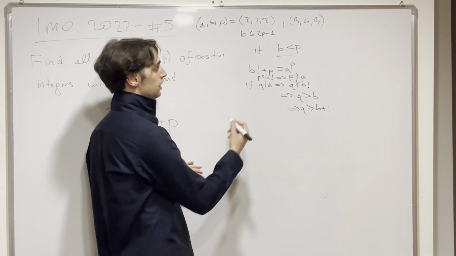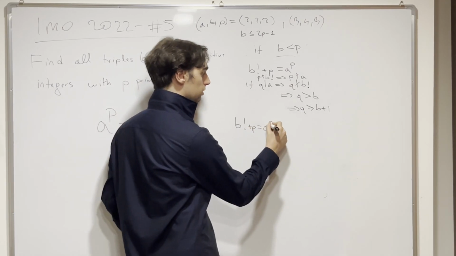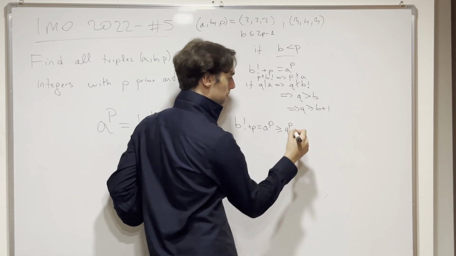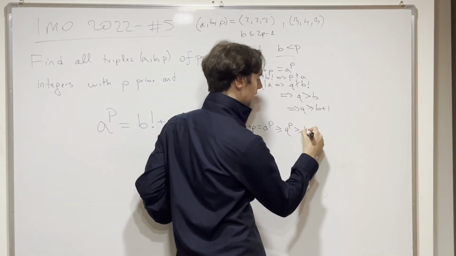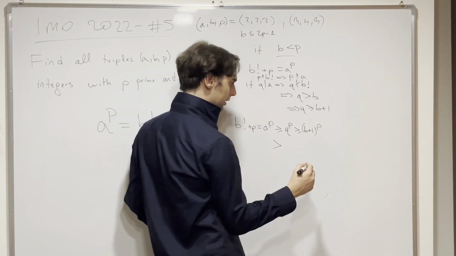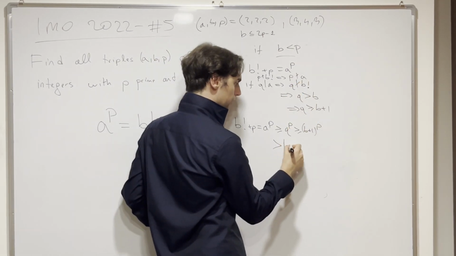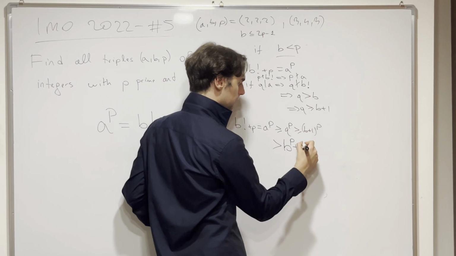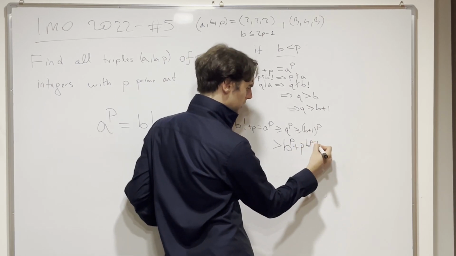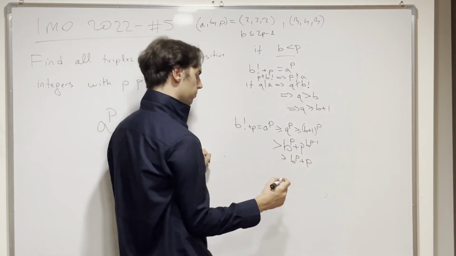And now, as we've done before, b factorial plus p is a to the power of p, which is at least q to the power of p, which is at least b plus 1 to the power of p, which is strictly greater than, mind you, p here is greater than or equal to 5, strictly greater than b to the power of p plus p times p to the b minus 1, greater than or equal to p to the b plus p.